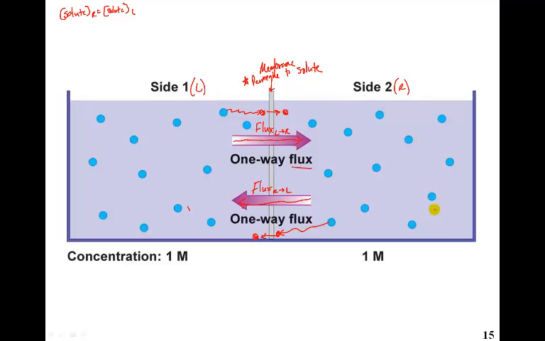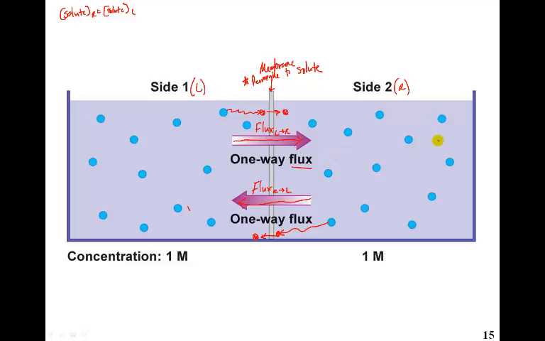Intuitively, you can understand what that means. So how big is the flux left to right? Well, it depends on how many of these little blue balls there are, right? The more of the little blue balls, the higher chance that one's going to end up at the membrane, and that one's going to go across. So the flux from left to right depends on the concentration on the left.